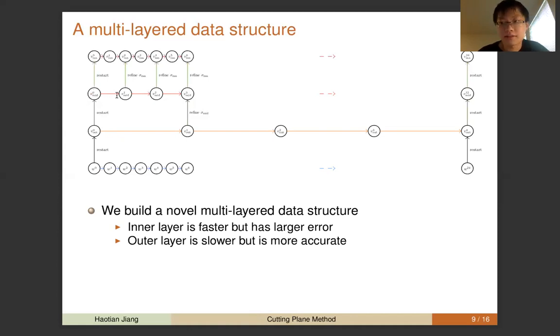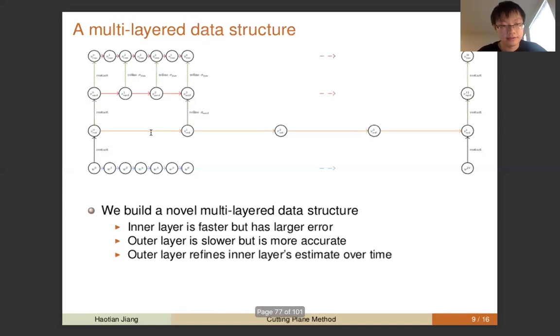When the middle layer takes a certain number of steps and the error is going to blow up, the outer layer will take 1 step and obtain a much more accurate approximation of the leverage score, and it will refine the leverage score approximation at both the middle layer and the inner layer. And when the outer layer takes slightly more than n to the omega minus 2 steps, we can afford to recompute everything. So that's basically the data structure.